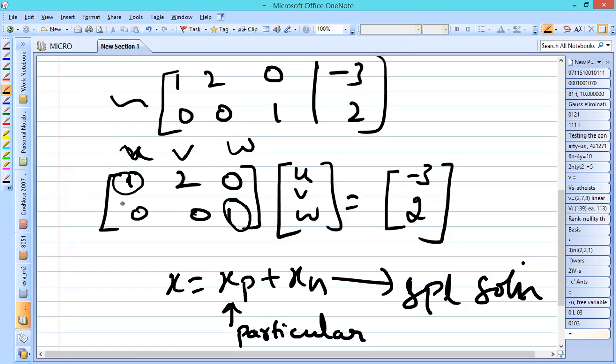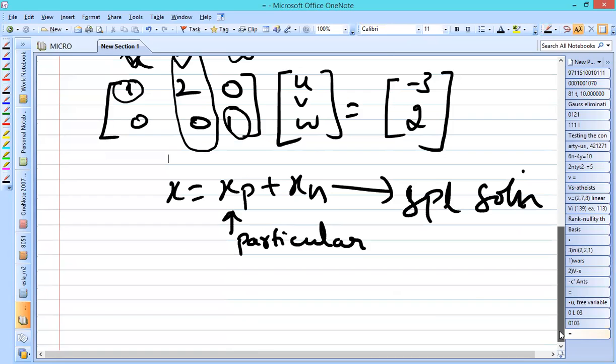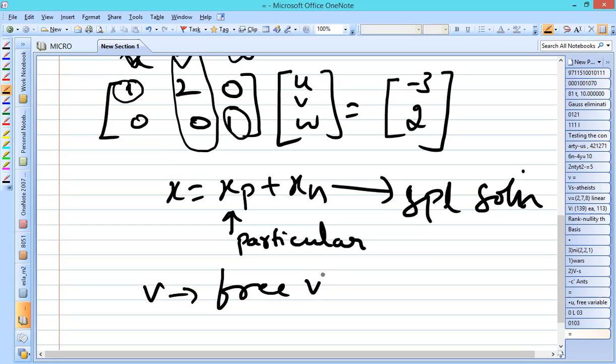So the pivot is present in the first column and in the third column. Excluding these two columns, the column in which the pivot is absent is considered the free variable. So we can write V as the free variable, and for this free variable we can set any value like 0 or 1.